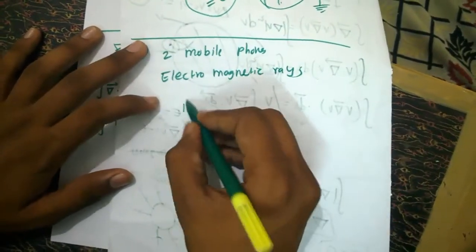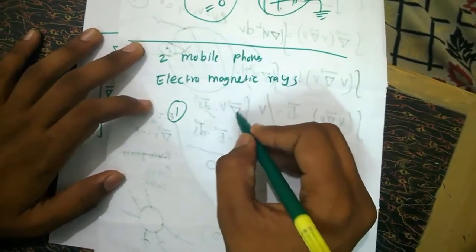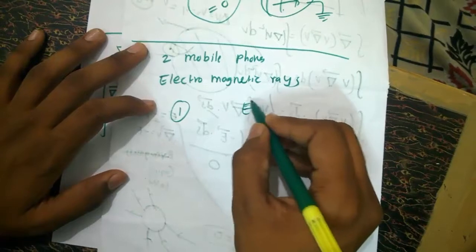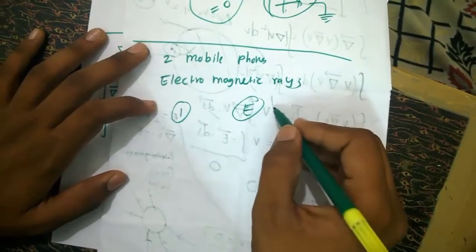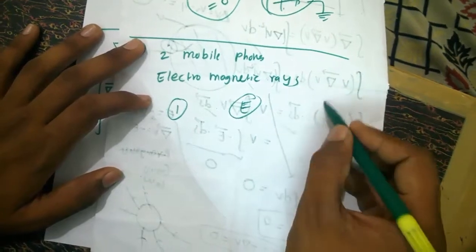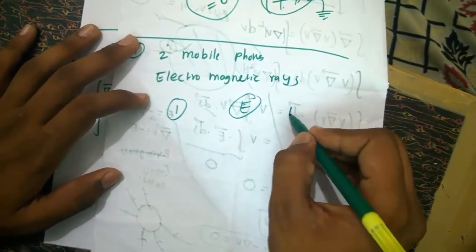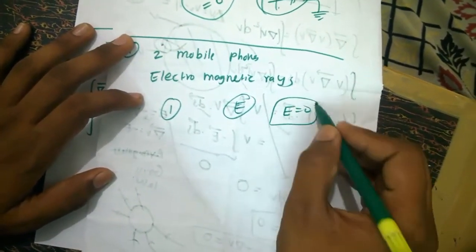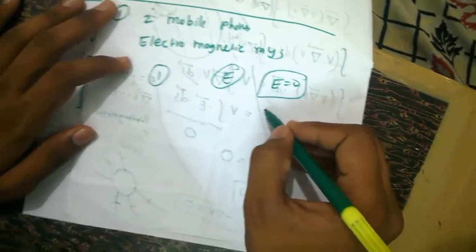Now I will take one mobile phone and keep it in a metal box, where the metal box is equipotential, that is, it has the same potential on its surface, so the field inside will be equal to 0. So there will be no electric field inside the box.